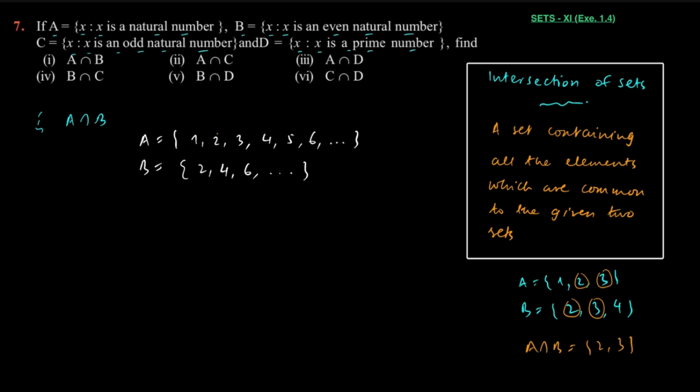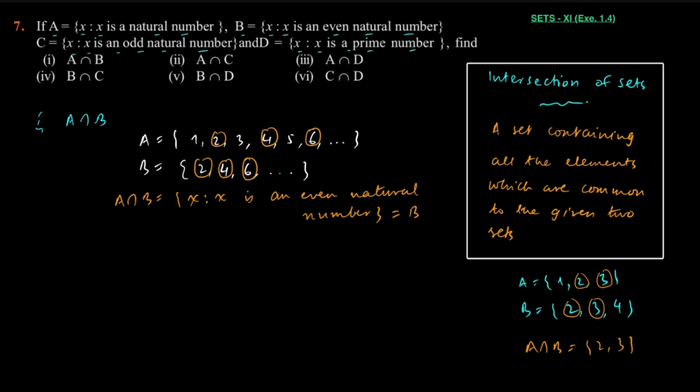So what are the common elements? 2, 4, 6, which means all the elements of set B are common to set A. So here the intersection will be x such that x is an even natural number, or you can say set B, as all elements of set B are also the elements of set A.